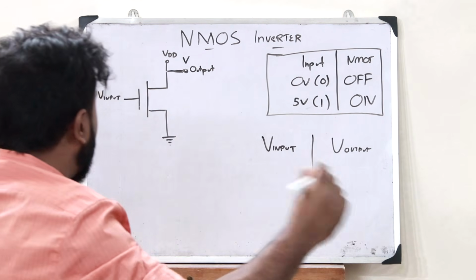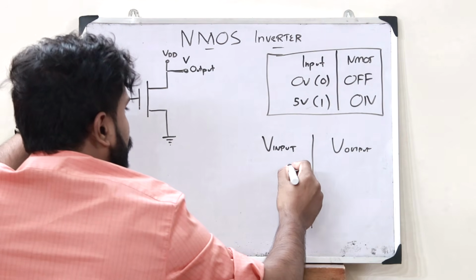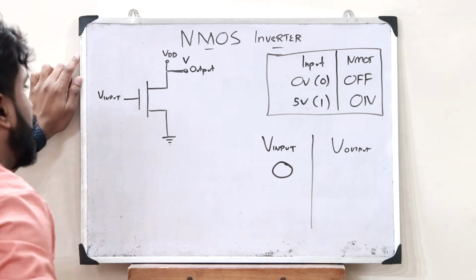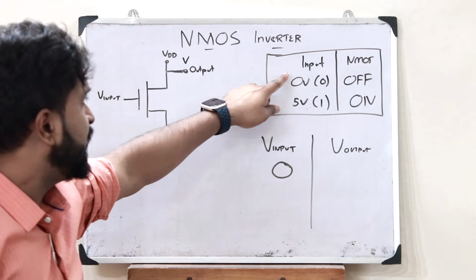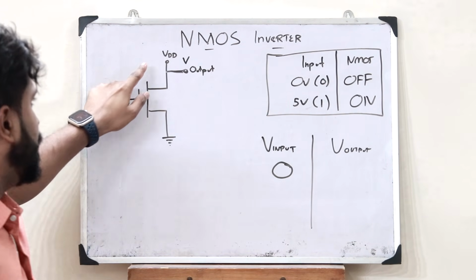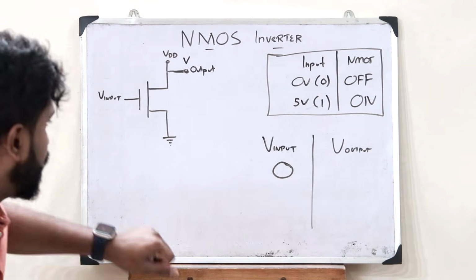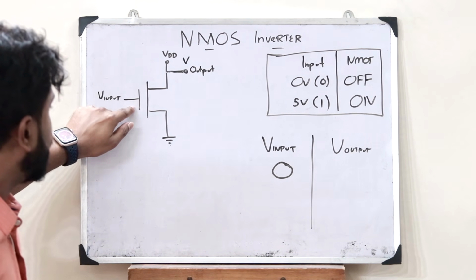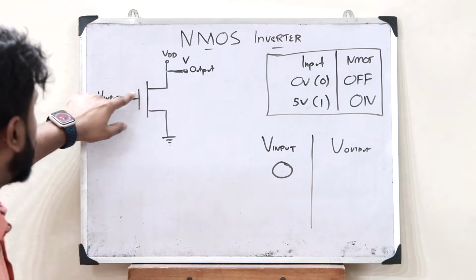Let us assume we are giving a 0 input over here. What we've observed is that when the input is 0, this switch acts as an off switch. That is, it gets shorted over here.